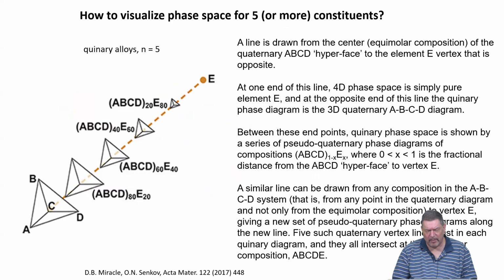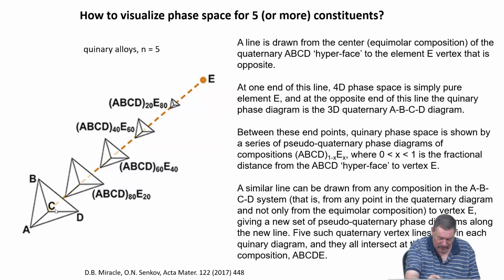This is maybe the best way of doing it if you want to do it the hard way. It's basically using line diagrams where you connect a lower dimensional polyeder. So you have a 5-component system, you create a 3-dimensional phase diagram, and now you connect any point inside of this volume to the vertex which is not included in your volume.